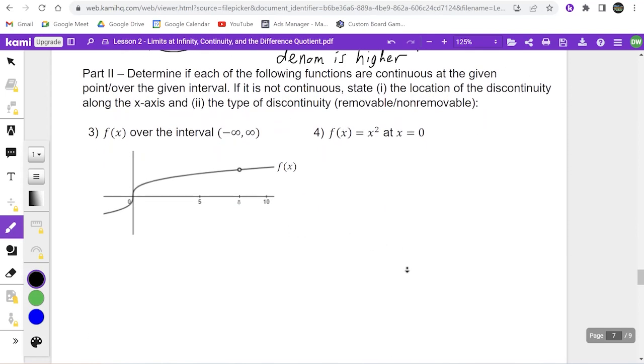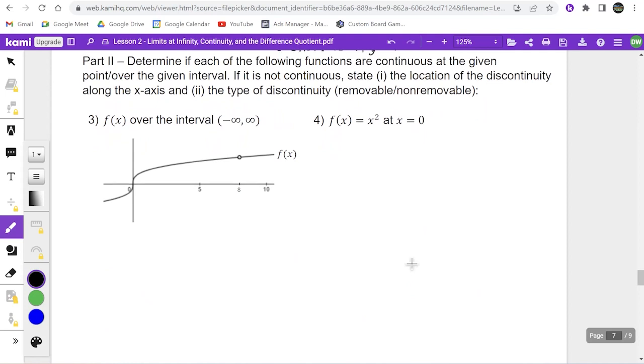Next question, you need to determine if the function is continuous over the point or the interval. Then you need to state 1, where it's discontinuous, and 2, the type of discontinuity, removable or non-removable. For number 3, it's a graph. We're looking over the interval from negative infinity to positive infinity. We clearly see there's a hole in the graph right there at x equals 8.